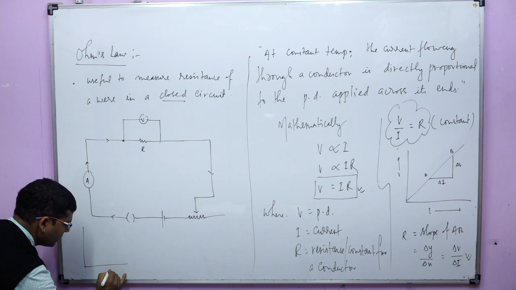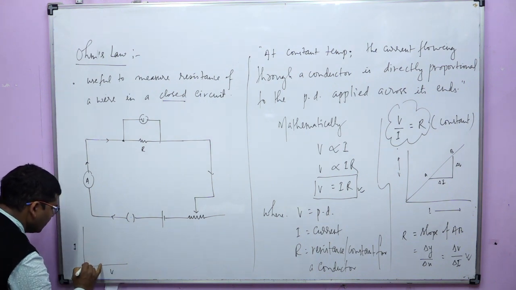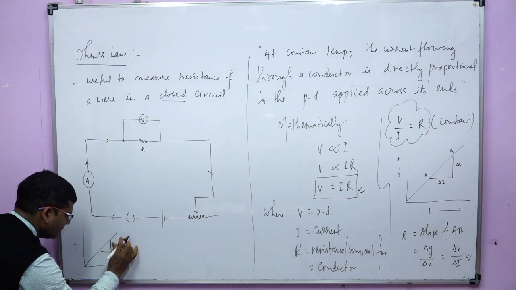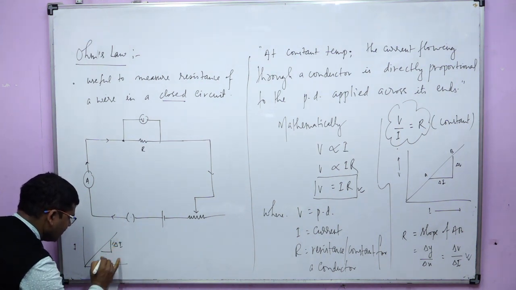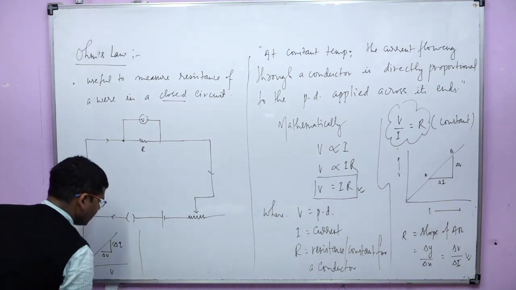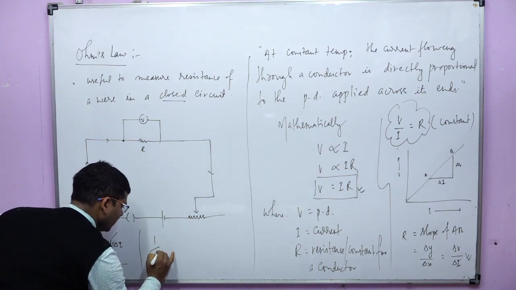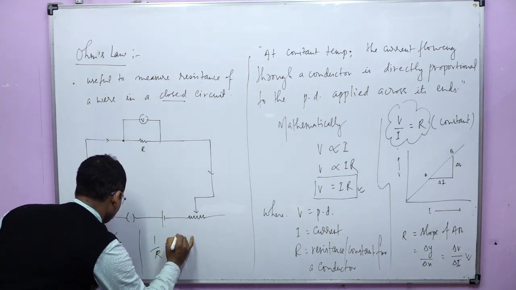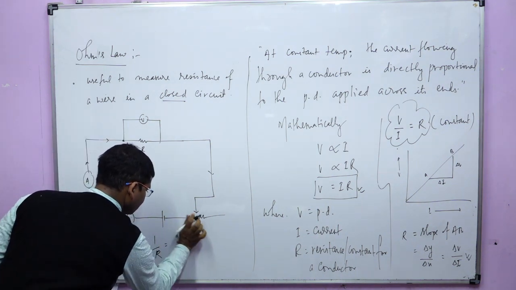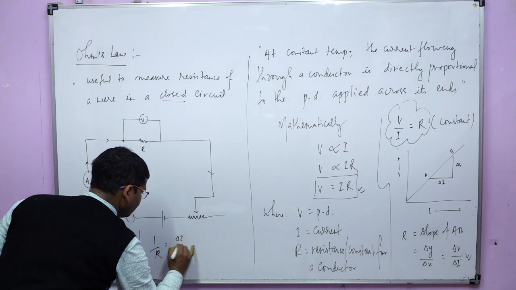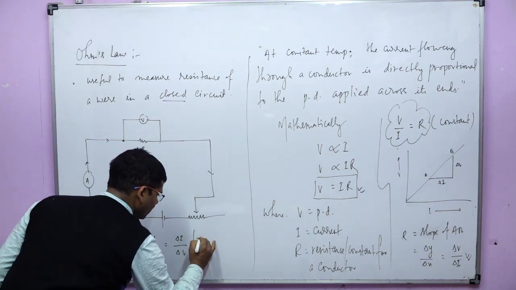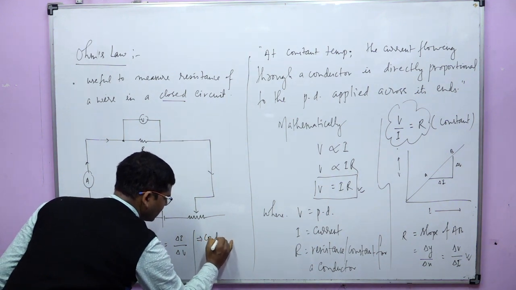Suppose if I write here V, if I write I, then the slope which you will find, that is change in current and change in V. So here you will get 1 by R is equal to change in I by change in V, and this is called conductance.